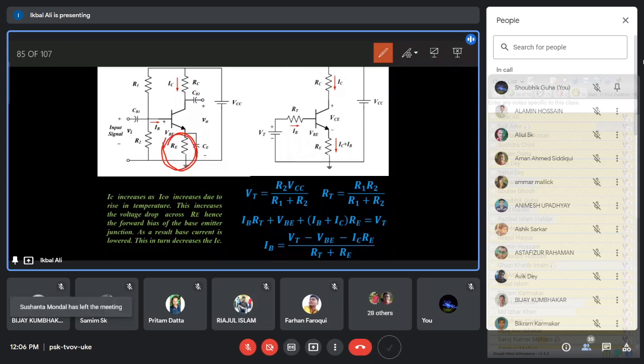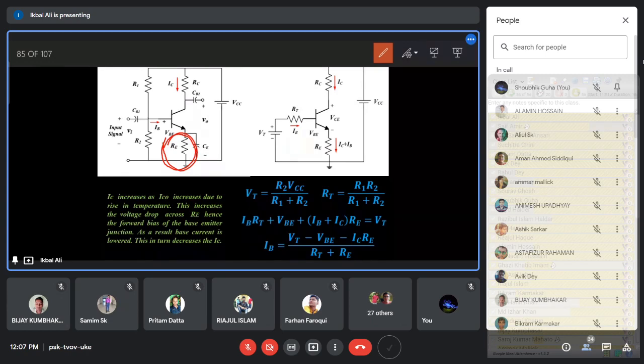Now, this resistance was absent in the fixed bias circuit and the collector to base bias circuit, where you see that the emitter is directly connected to ground. And that is the major problem of those two previous circuits, because this RE resistance actually improves the stability. We have discussed this last day also, how RE actually improves the stability.